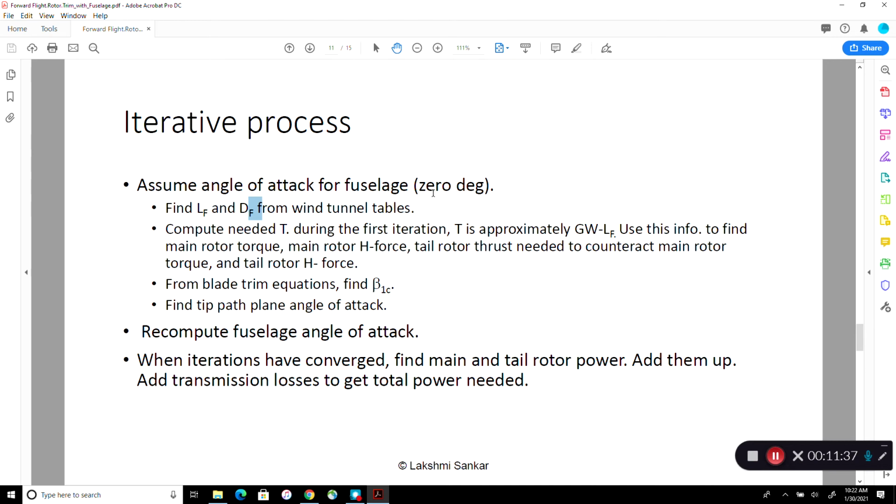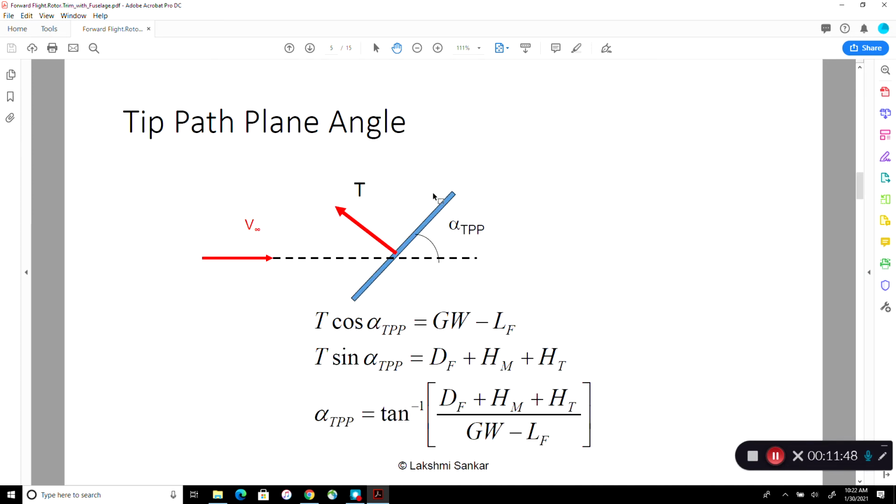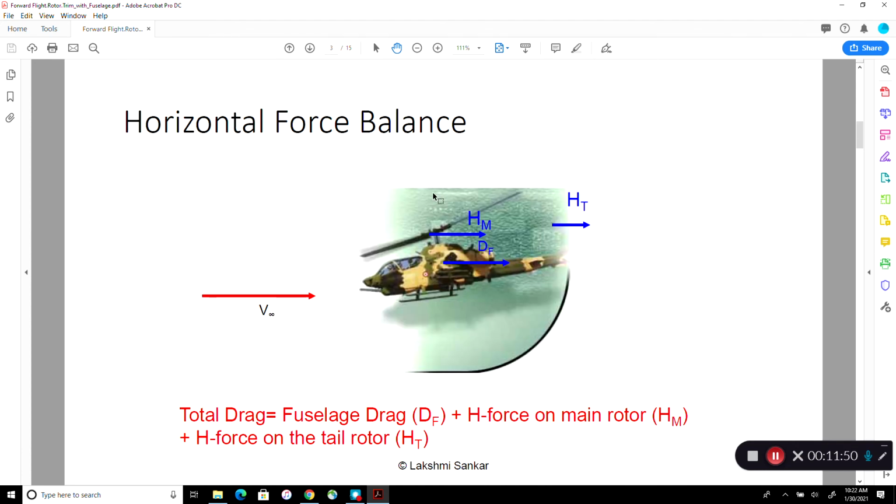So you get that expression from an internal data table lookup. So once you have it, now you go up here and you say, okay, I know my fuselage drag from my table lookup I just got. The rotor has to produce at least enough to overcome that fuselage drag.